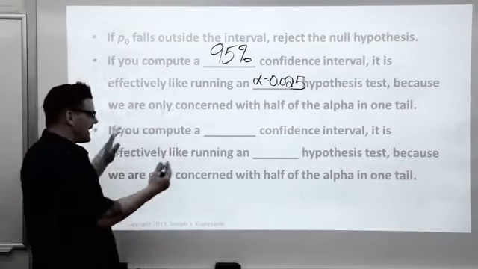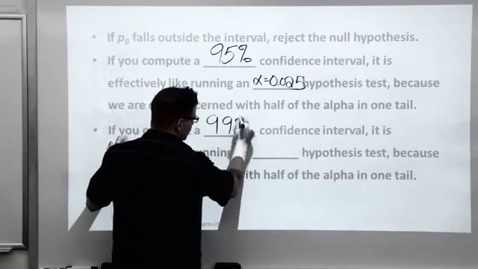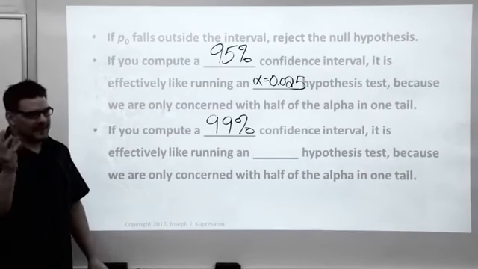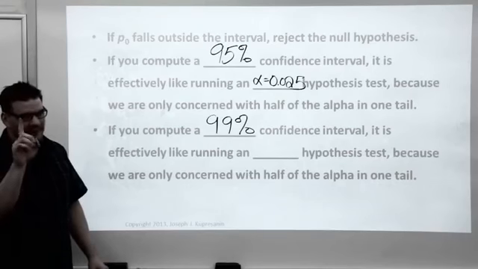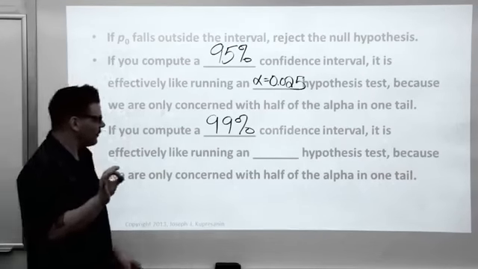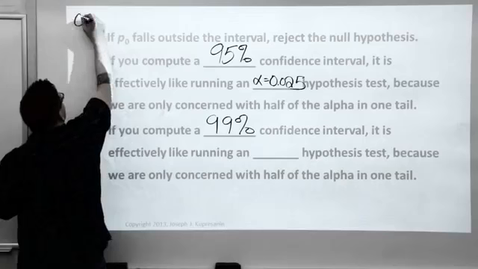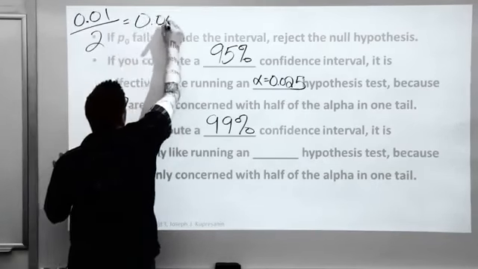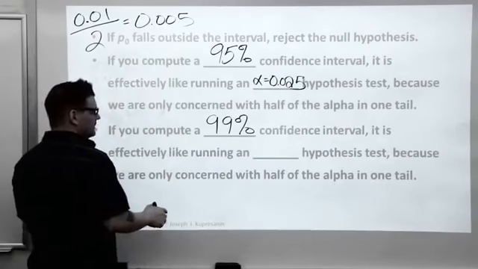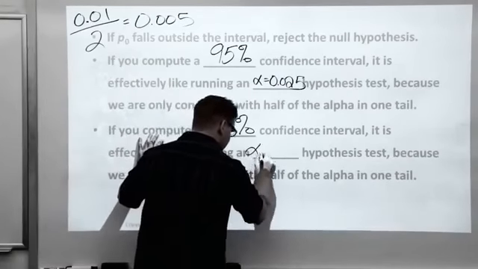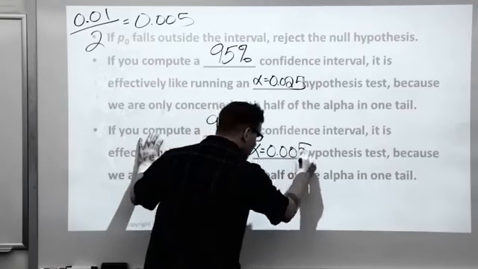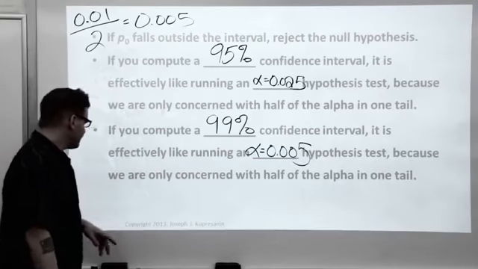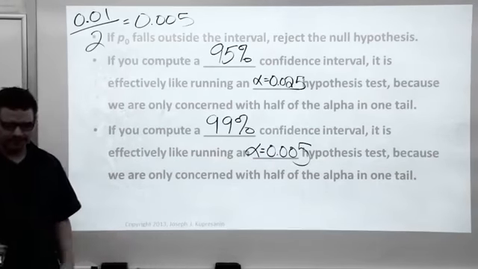If you compute a 99% confidence interval, it's effectively like running the alpha is 0.01. I'm only looking in one tail, so half of 0.01. If I take 0.01 and chop it in half, I get 0.005. This is right here. This is alpha 0.005. Careful with the decimals there, alpha 0.005, because we're only concerned with half of the alpha.